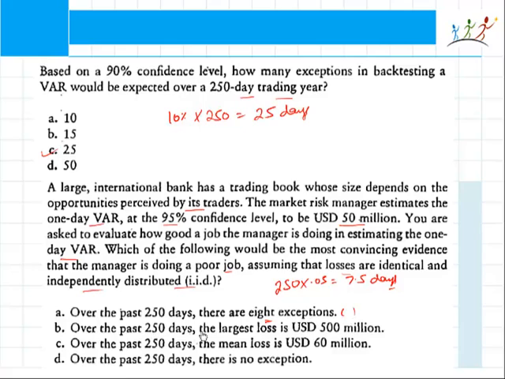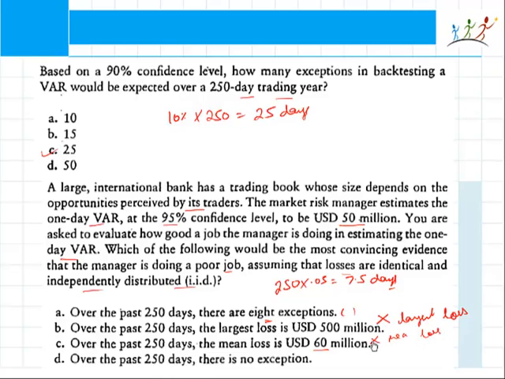Over the past 250 days, the largest loss is $500 million. Please note, VAR tells us nothing about the largest loss. Over the past 250 days, the mean loss is $60 million. Again, VAR tells us nothing about the mean loss or the largest loss.